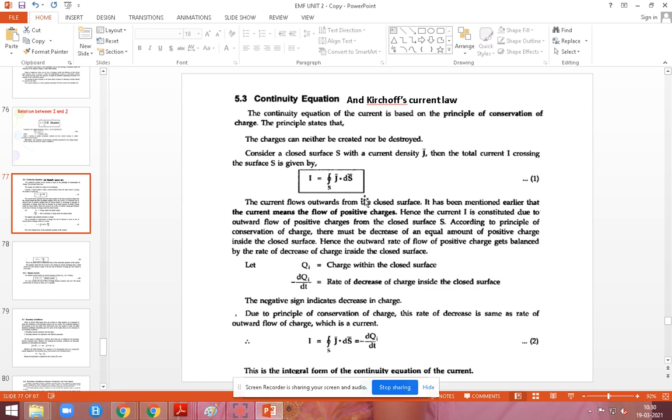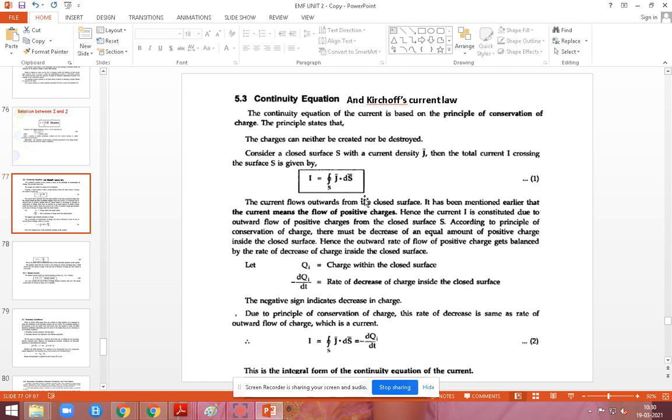Here we are going to consider a closed surface S with a current density J vector. Then the total current I crossing the surface is represented by I equal to the surface integral of J vector dot dS vector.